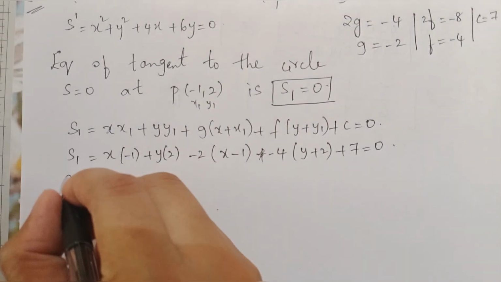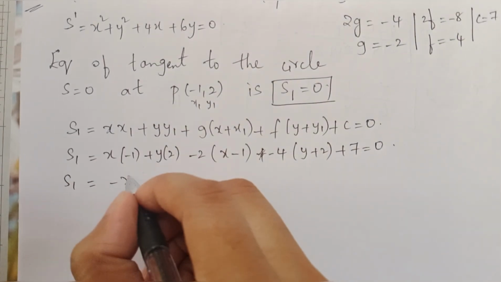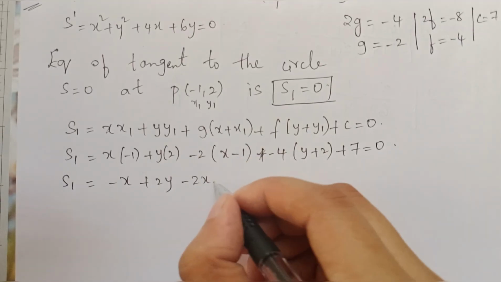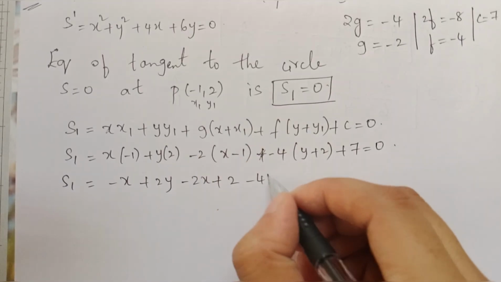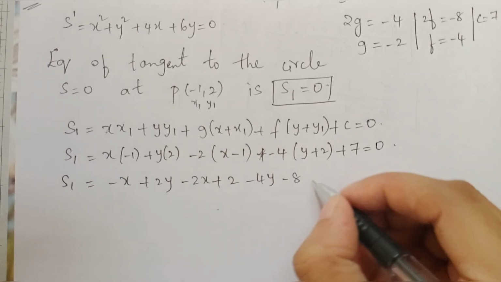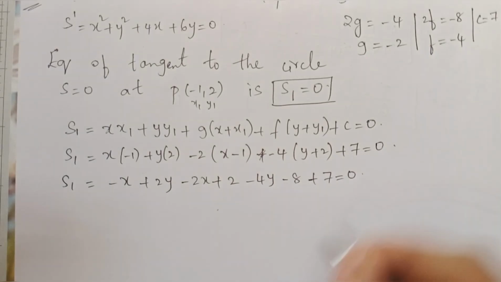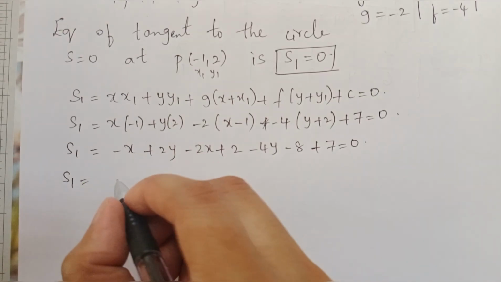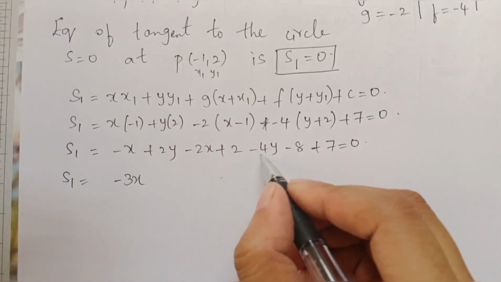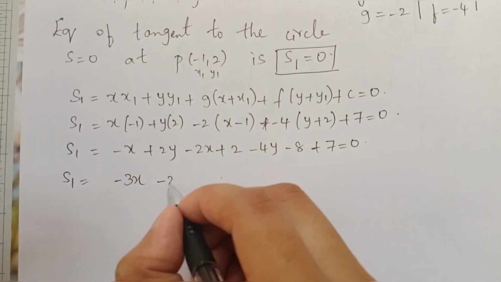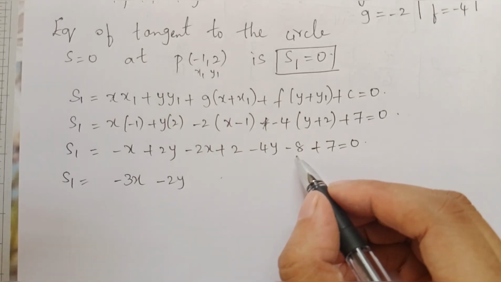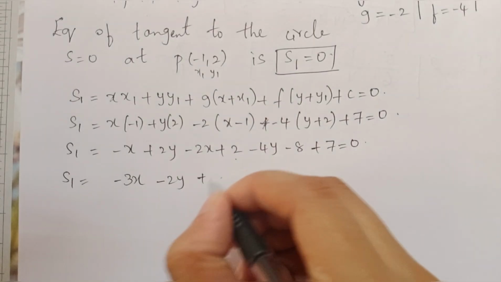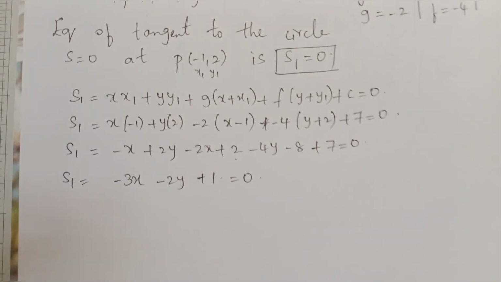So this can be written as -x + 2y, multiplying it inside, -2x + 2 - 4y - 8 + 7 = 0. Simplify it, we'll get -2x - x is -3x, -4y + 2y is -2y, and 2 - 8 + 7 is 1, so it is +1 = 0.